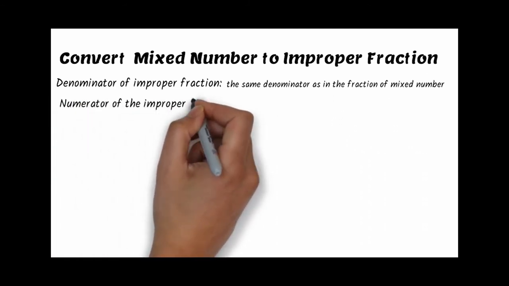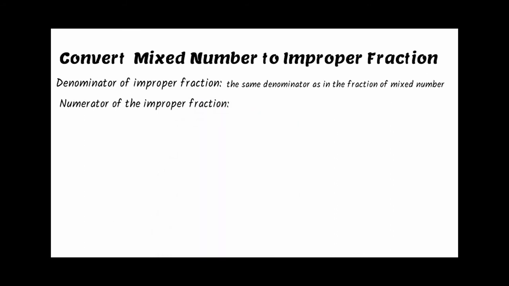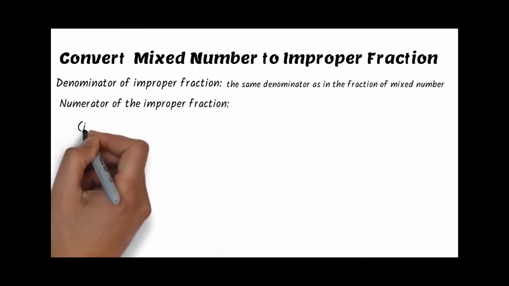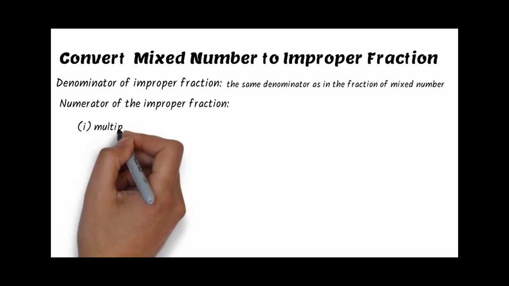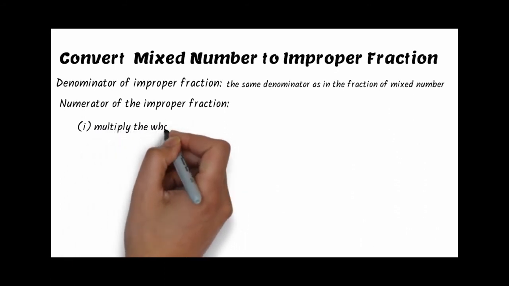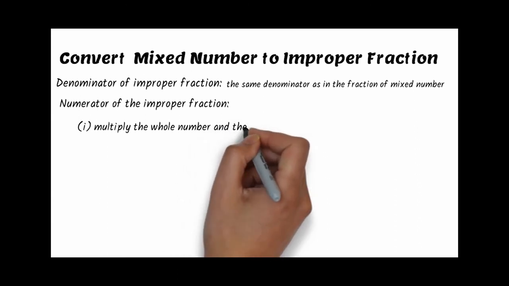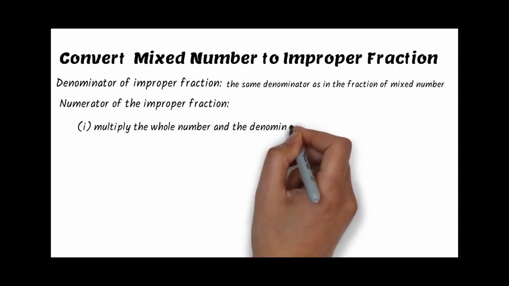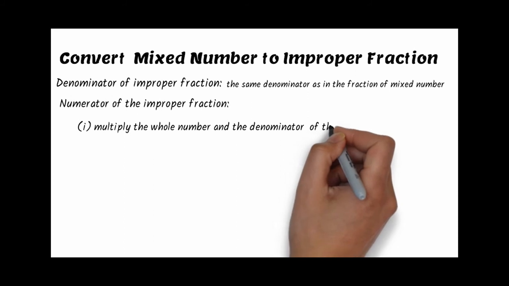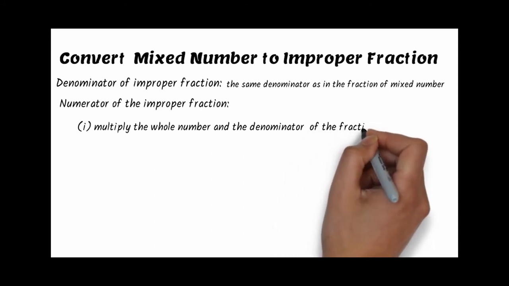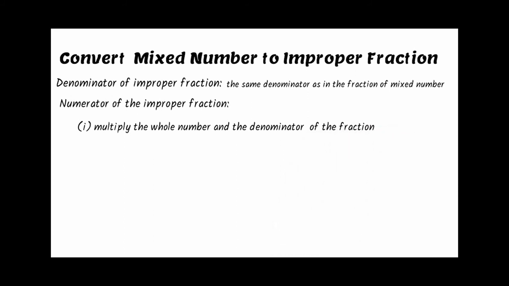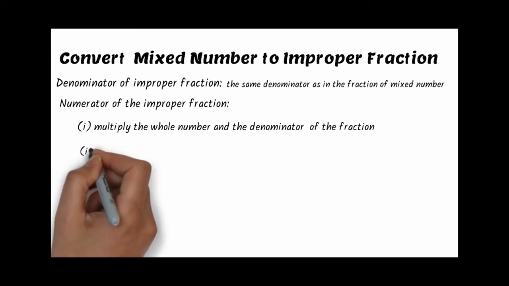Now, in the calculation of the numerator of the improper fraction, there are two steps involved. In our first step, we're going to look at the mixed number, and we're going to take its whole number and multiply it with the denominator of the fraction. And this multiplication will generate a product.